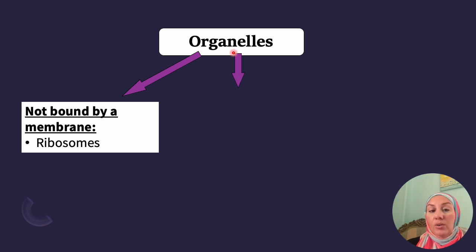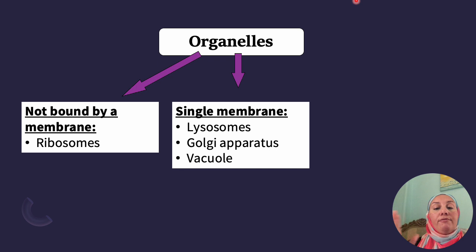Another example of organelles, but they do have a membrane surrounding them, just one membrane, so a single membrane bound organelle could be a lysosome, and we'll know what lysosomes are in a minute, Golgi apparatus, and vacuoles. And there are more structures. These are just examples. You can tell us more as we move through the syllabus.